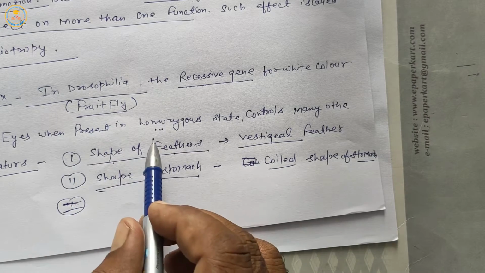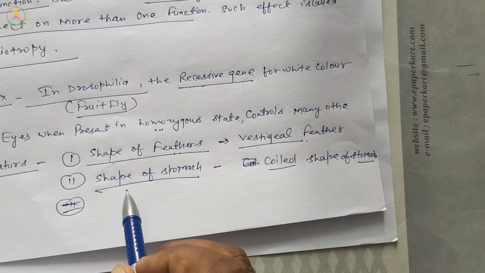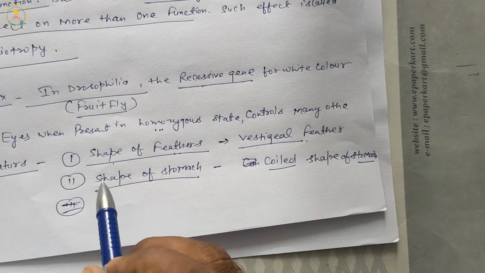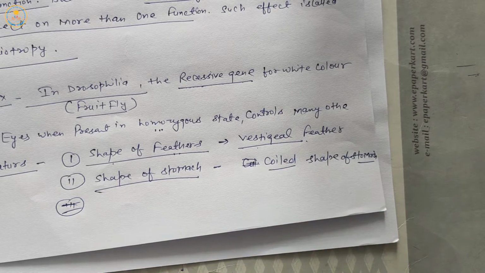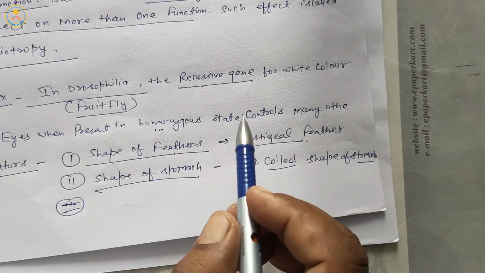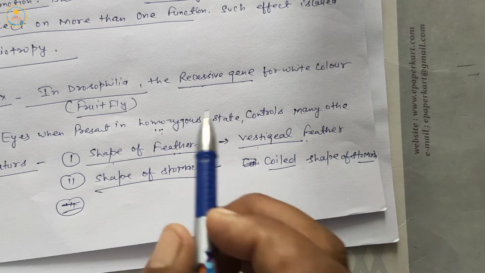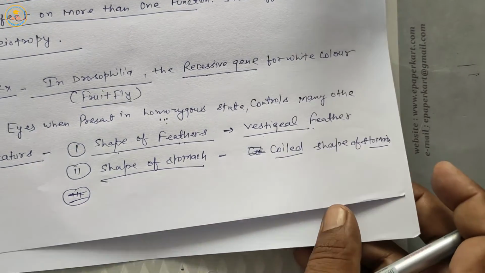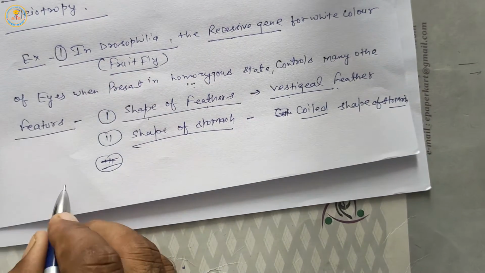In white-eyed Drosophila, feather shape is vestigial, and the stomach shape is colloid. It is the first example.